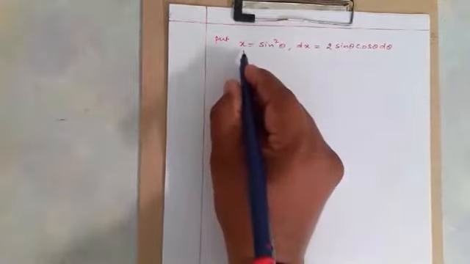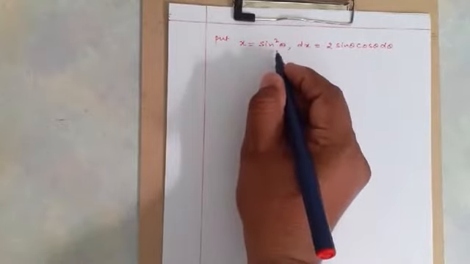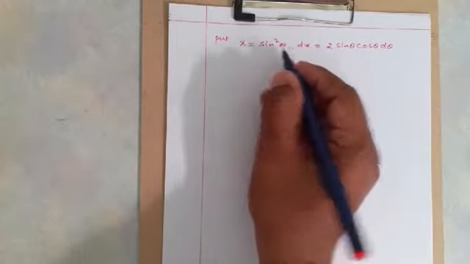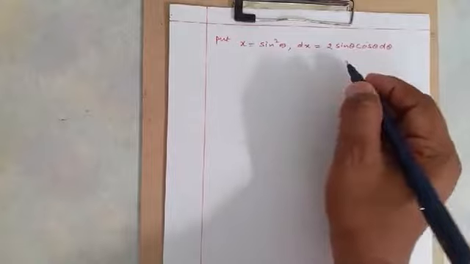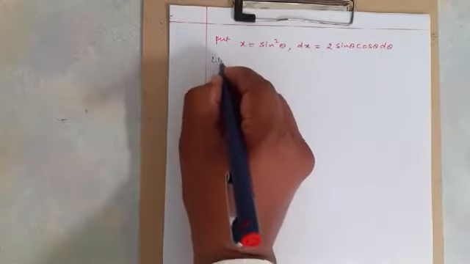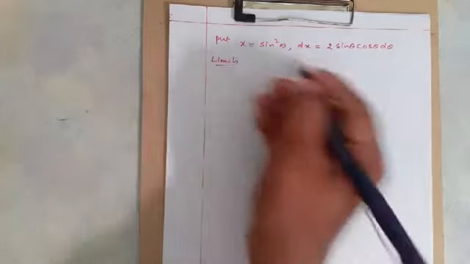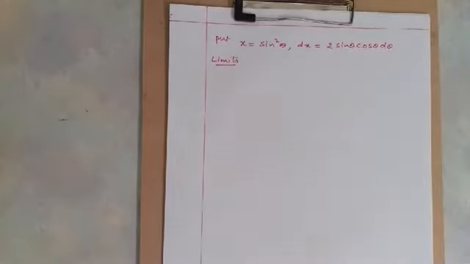When you differentiate sine square theta it becomes 2 sine theta, and differentiating sine theta gives cos theta d theta. Now what are the limits here? The limits are 0 and 1.